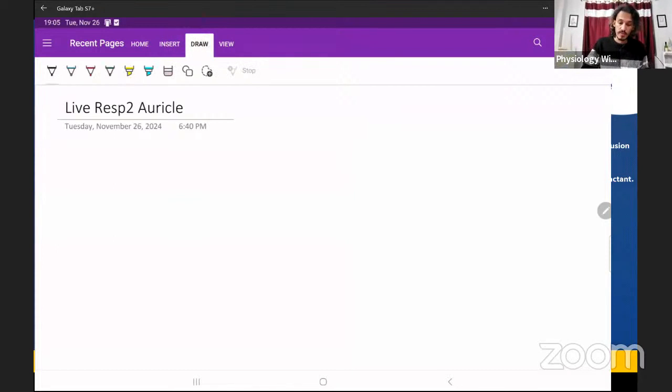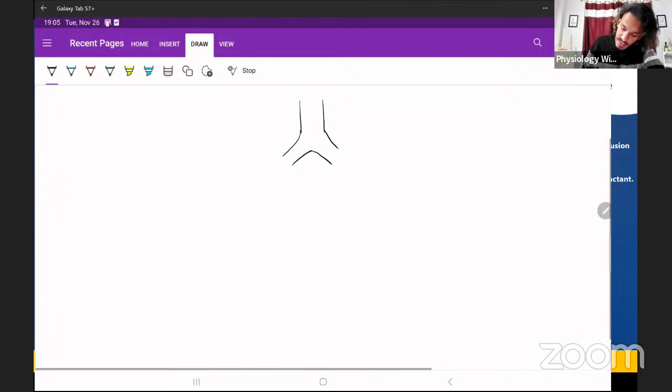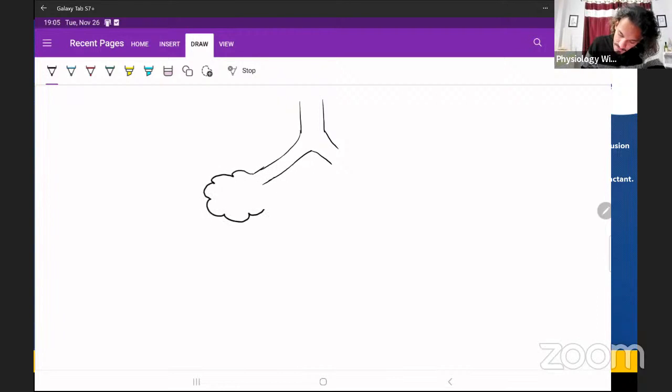So when you talk about your pulmonary circulation, I'm just gonna draw the end parts of your tracheobronchial tree. We had already covered the Weibel model of the tracheobronchial tree yesterday. So now, as it is splitting, and eventually it is going ahead, I'm just drawing a crude one, and we have the alveoli.